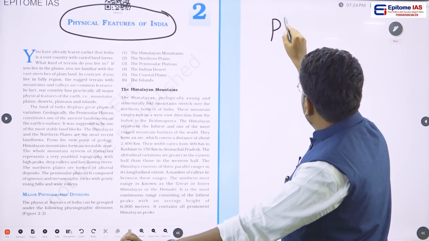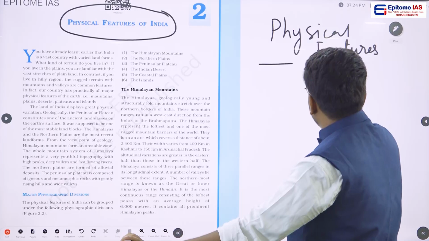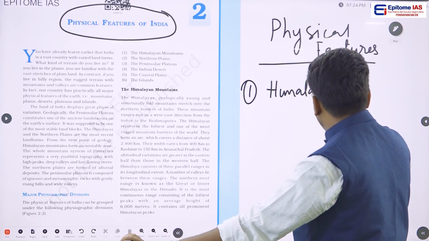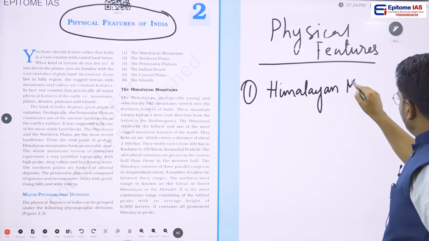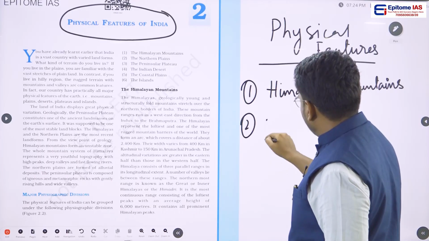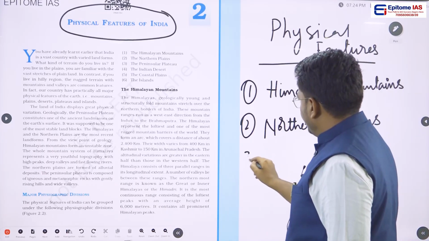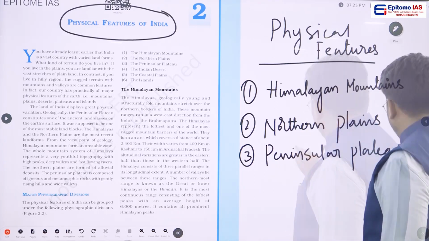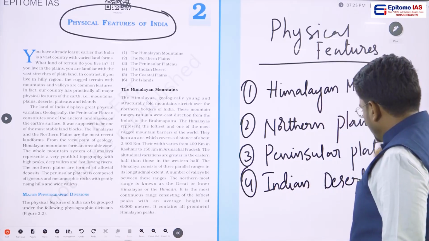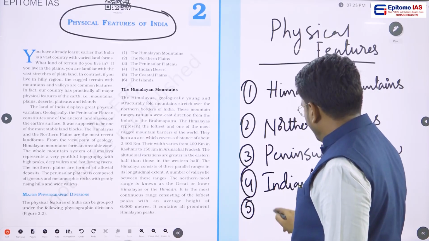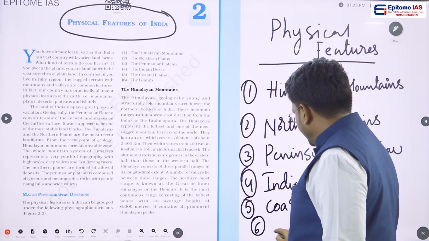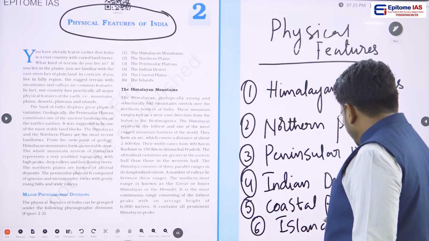If you see the physical features, we can divide them: in India we have the Himalayan mountains, second the northern plains, third the peninsular plateau, fourth the Indian desert, that is the Thar desert, fifth the coastal plains, and sixth the islands, right?